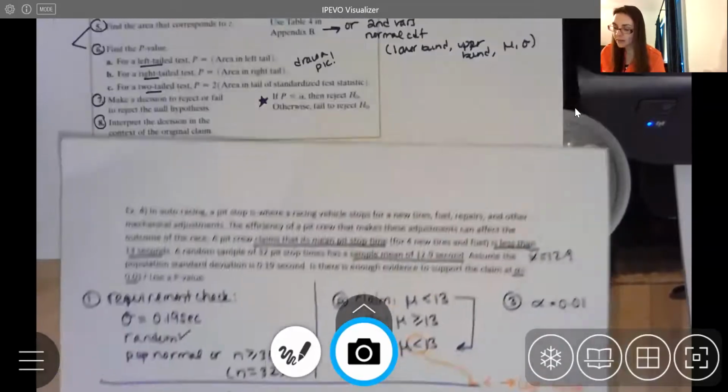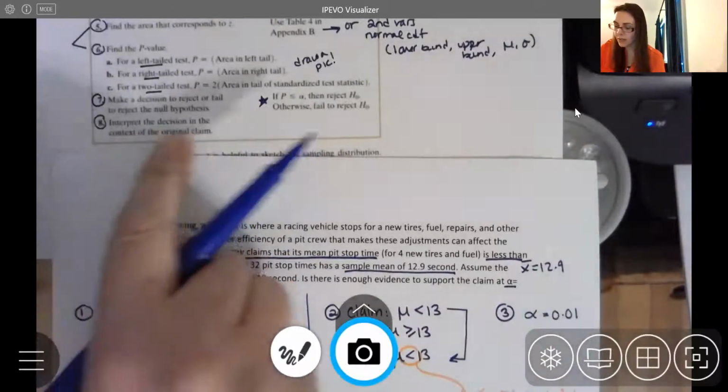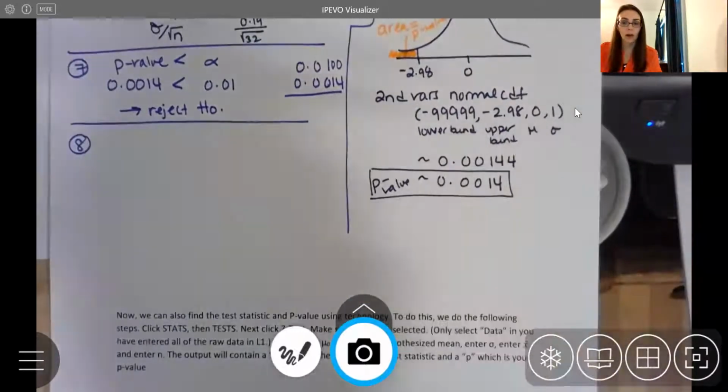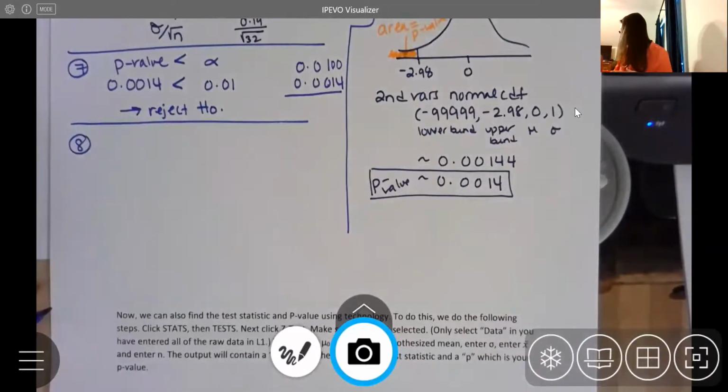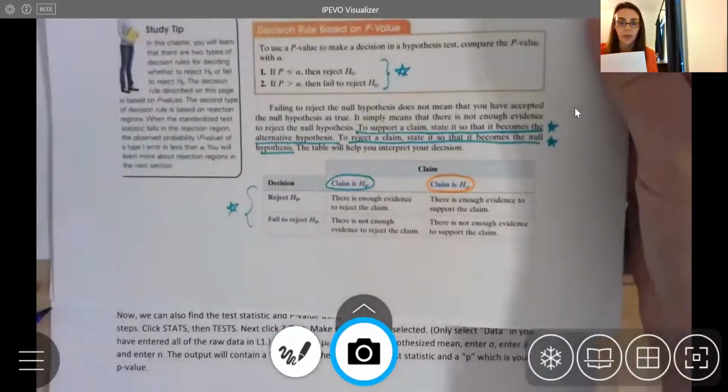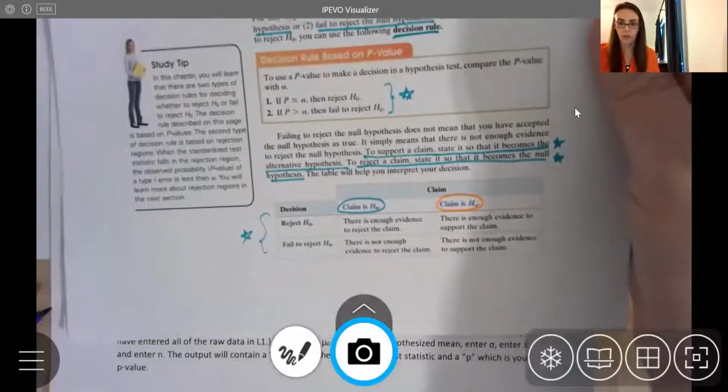And our last final step is to interpret the decision in the context of the original claim. If you are still kind of figuring this part out, you can go back to your 7.1 notes. So I'm just going to find that right now. Okay, about halfway through your 7.1 notes, we have this little chart at the bottom. That can help you get started if you're struggling.